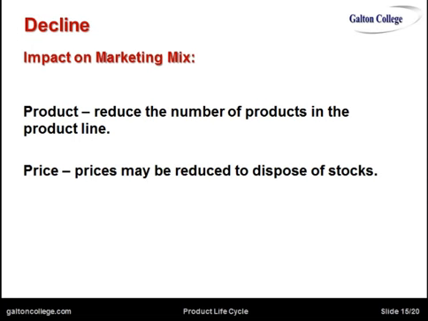They may reduce the price to try and dispose of stocks, to try and ensure that if the business does go under, at least they're not holding a lot of stock. So they may have a pricing policy to try and clear out existing stocks.